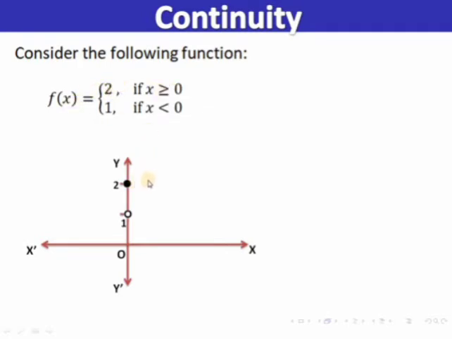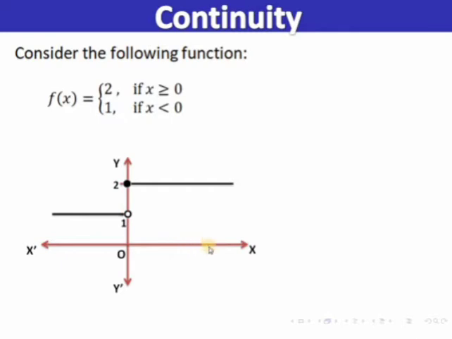If x is 2, then the value of y will also be 2. So for any value of x greater than 0, you will get a line like this. Similarly, whenever x is less than 0, the value of the function is 1. So that's why I have drawn this line.